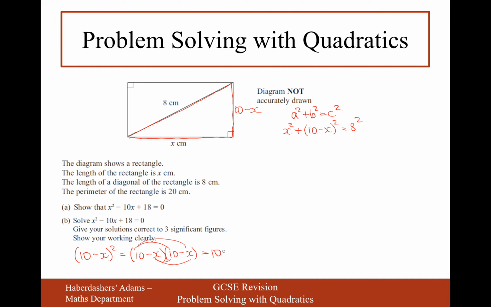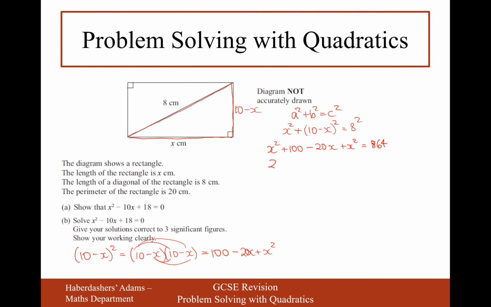So it's going to be 100 minus 20x plus x squared, because you've got two lots of minus 10x. So it's going to be x squared plus 100 minus 20x plus x squared equals 64.